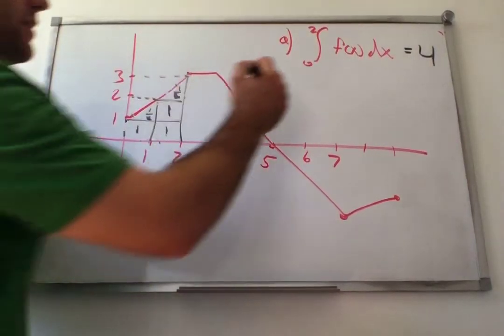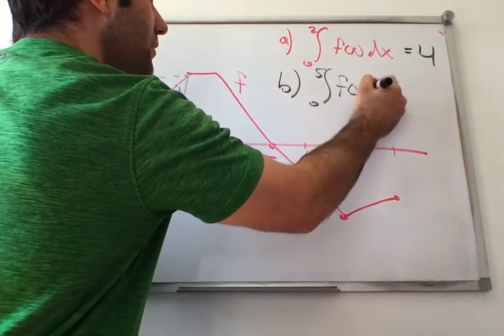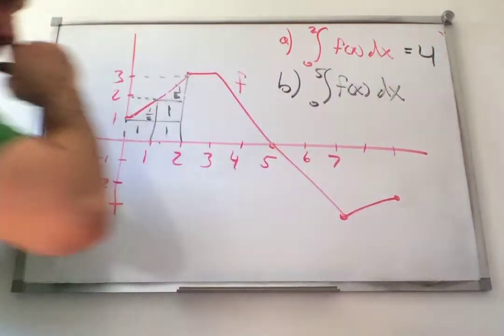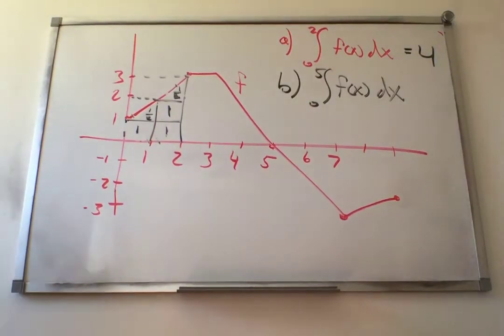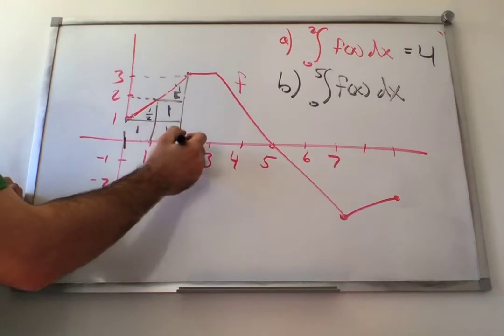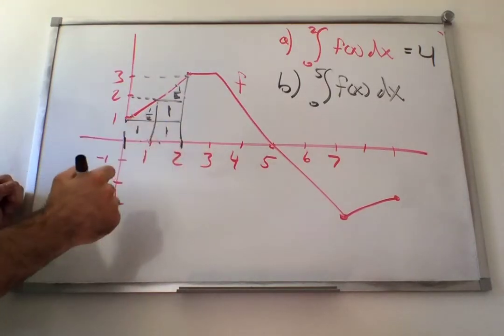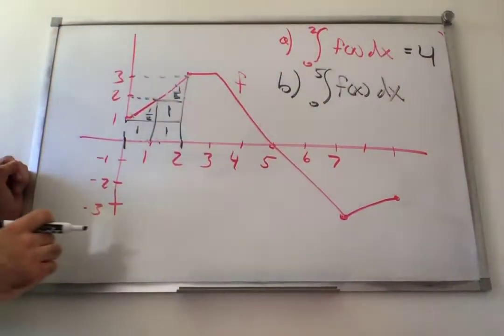Now B asks us to do the integral from 0 to 5. We already did from 0 up to 2, and we found it to be 4.